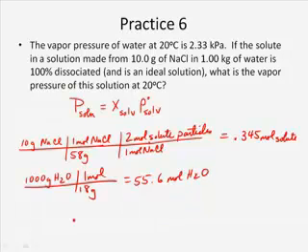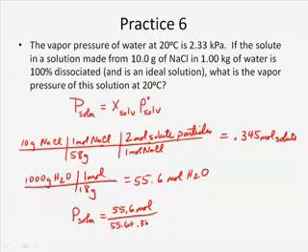So the vapor pressure of my solution is going to equal 55.6 moles divided by 55.6 plus 0.345 moles, times the 2.33 kilopascals. And that's going to give me 0.994 times 2.33, so 2.32.